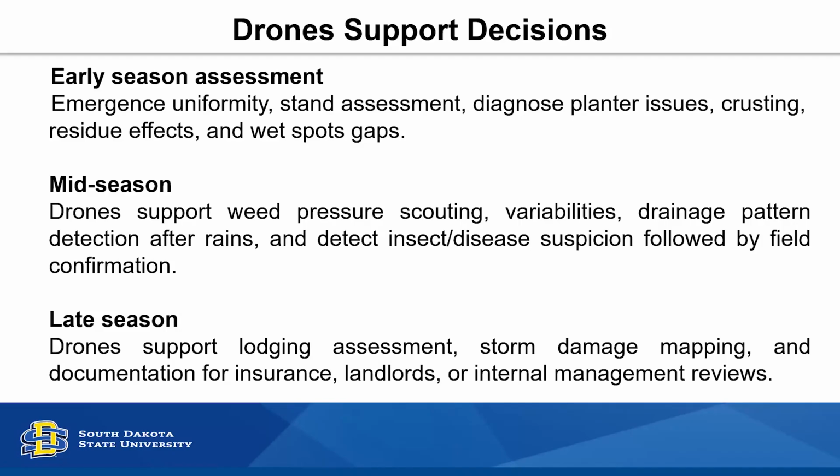Mid-season, drones support scouting, variability and drainage pattern detection, basically on demand right after rain, and can detect insect and disease suspicion, followed by, of course, field confirmation. In late season, the drone can document lodging assessment, storm damage mapping, and documentation for insurance or internal management reviews.